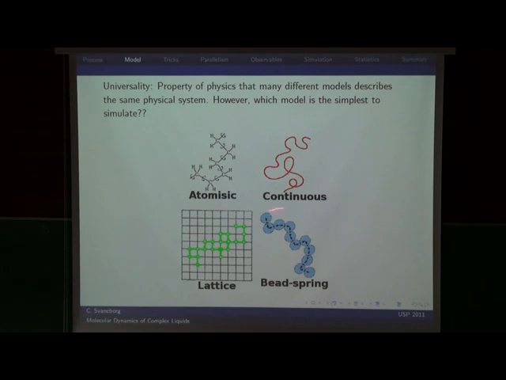This happens to be a very efficient model if you want to do molecular dynamics. So the point is, the same system can be described by many models. You will get out the same physics in all of these models, but this one is by far the easiest to simulate with molecular dynamics and dissipative particle dynamics, and this one is by far the easiest to simulate with Monte Carlo simulations.